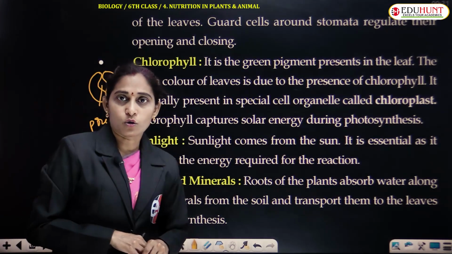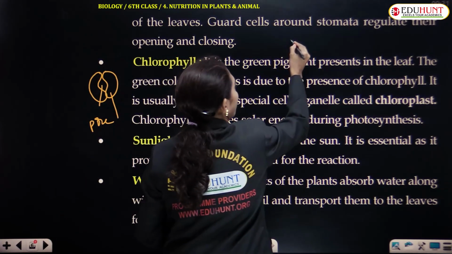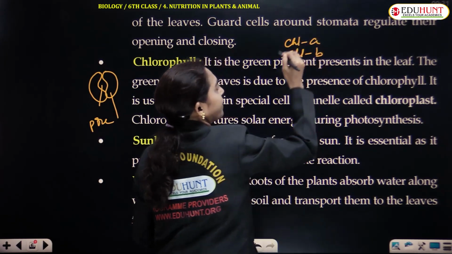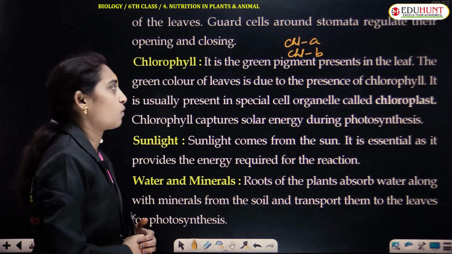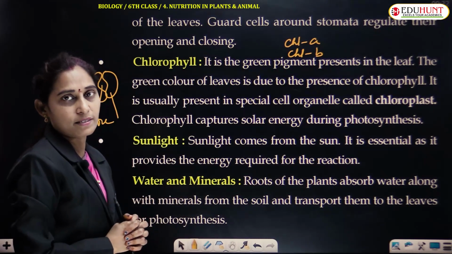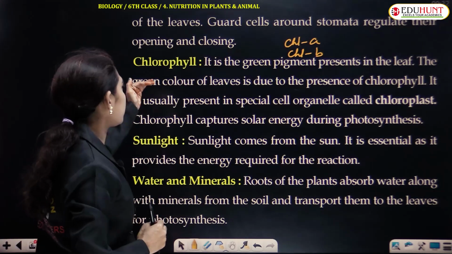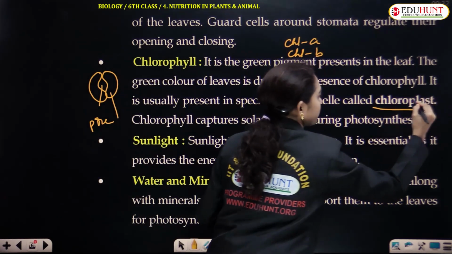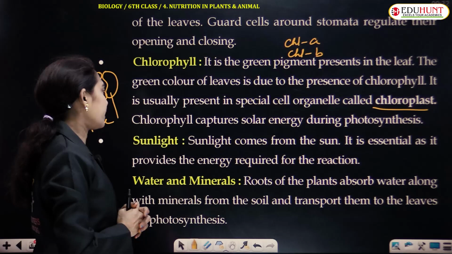There are chlorophyll A, chlorophyll B, chlorophyll C, D, E, like that. There are several chlorophyll structures, basically the same with minute differences. These chlorophyll molecules or pigments are present, as I mentioned, in the chloroplast, which is a cell organelle.